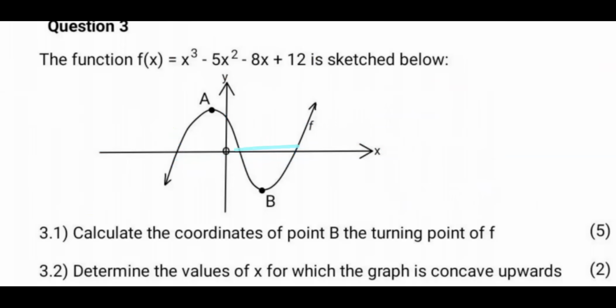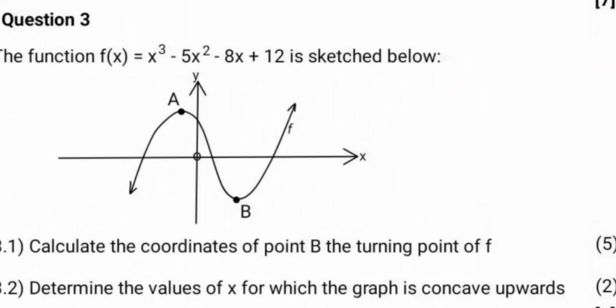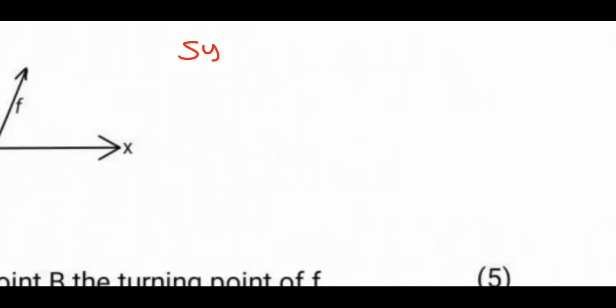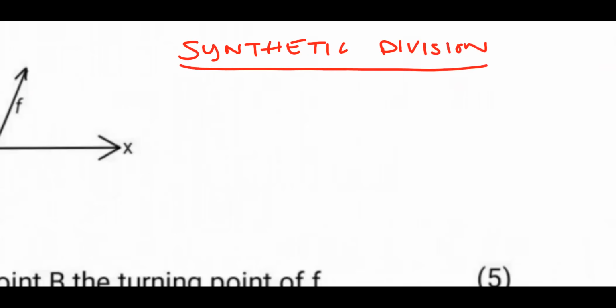Let me just show the synthetic division also. Maybe write the word as well, so you don't forget it. The factor that we found was 1. That was the first one that we found.